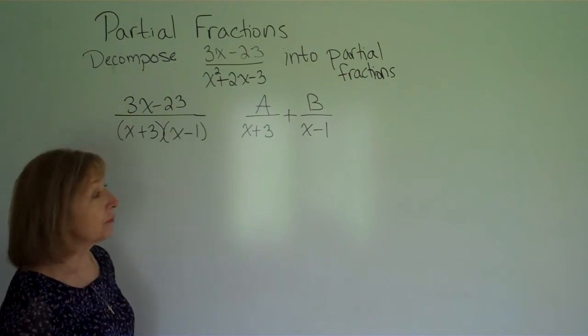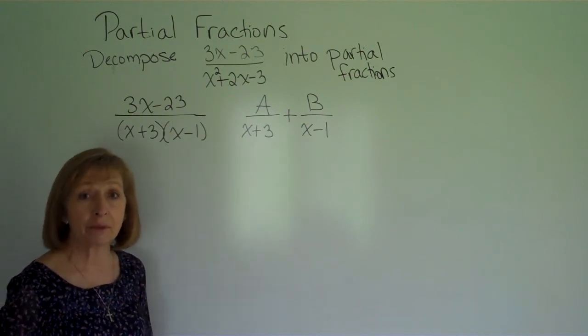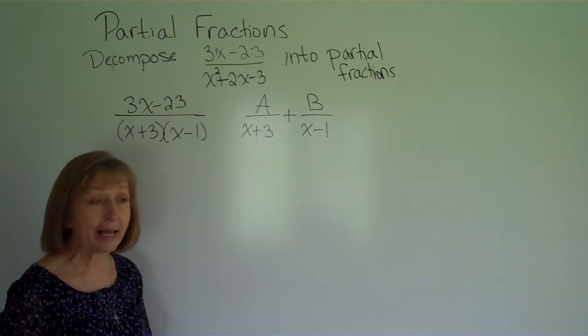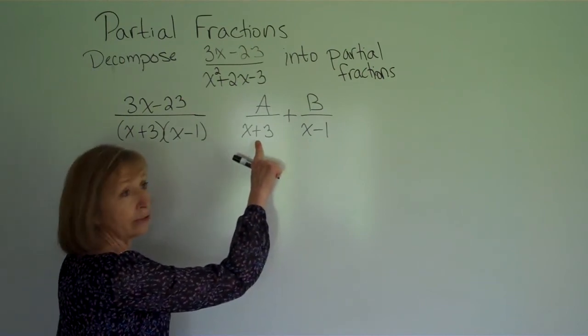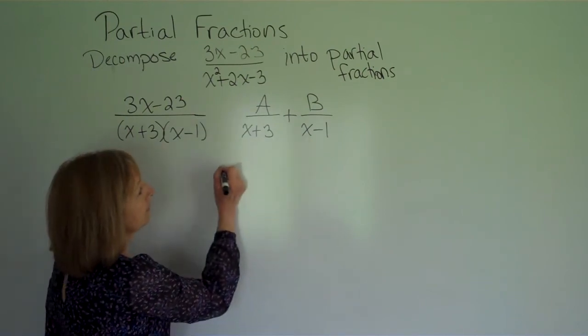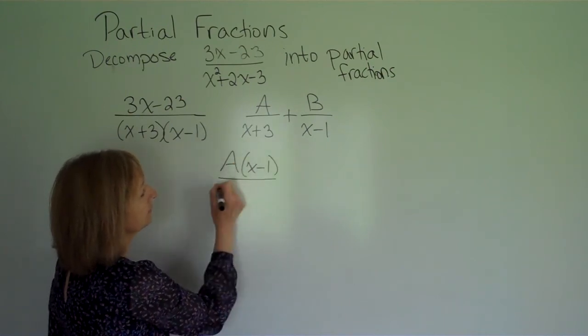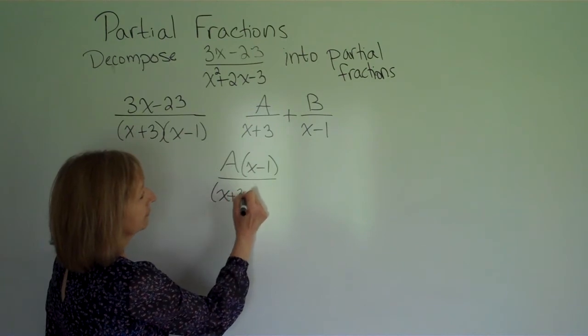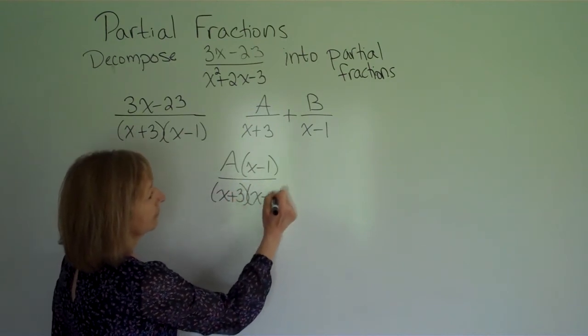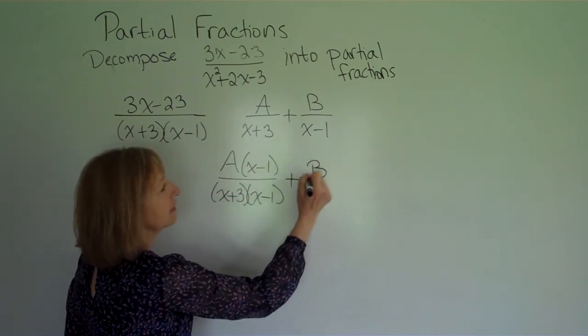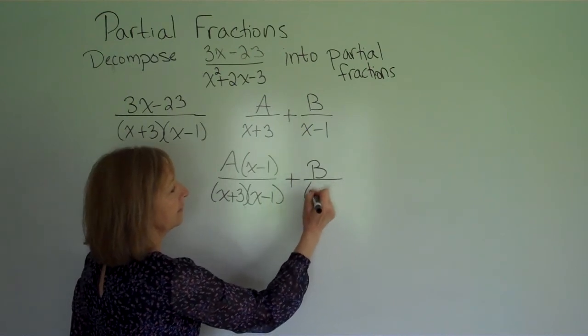Okay, now remember we go through the process of building the fractions to get the common denominator. My denominators are x plus 3 and x minus 1. So the first fraction needs to be built by the x minus 1, and the second fraction has to be built by the x plus 3.